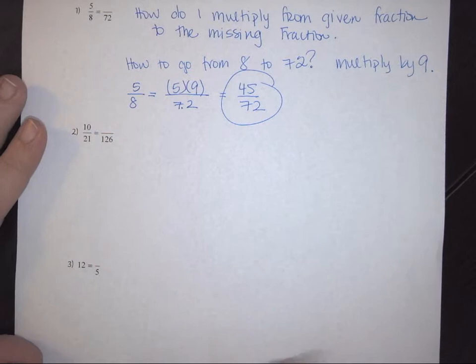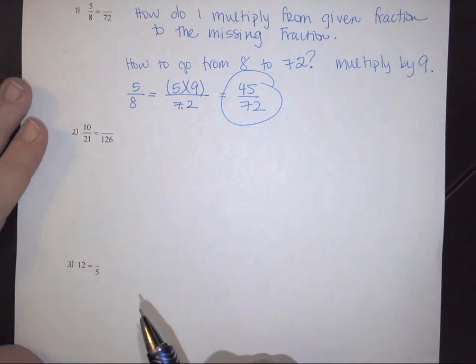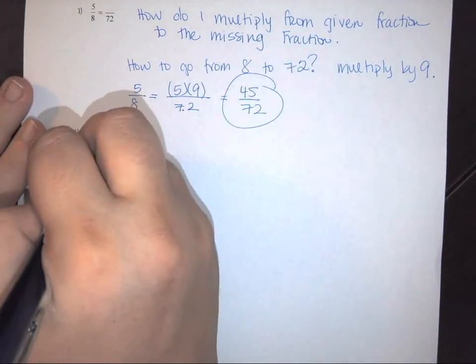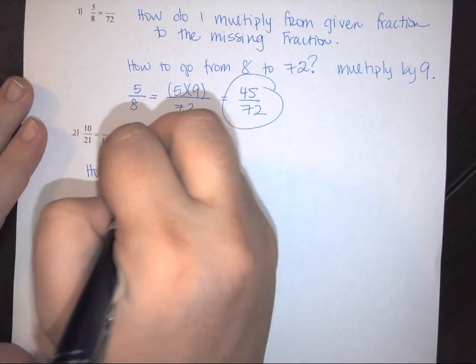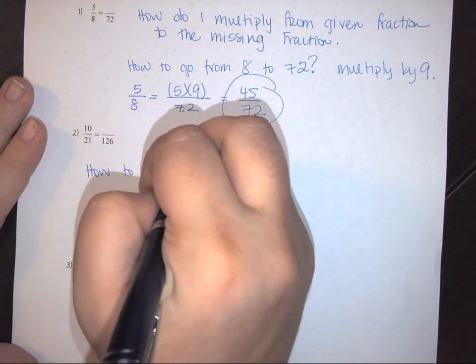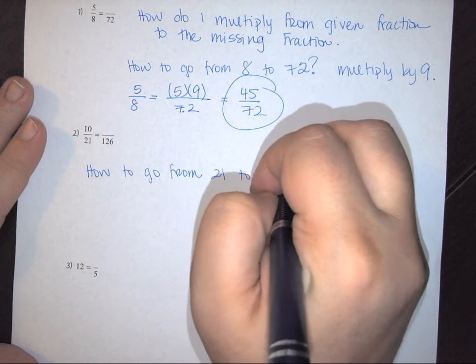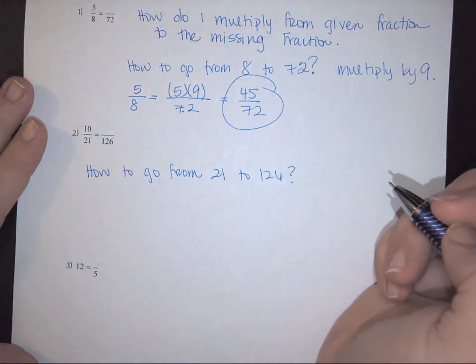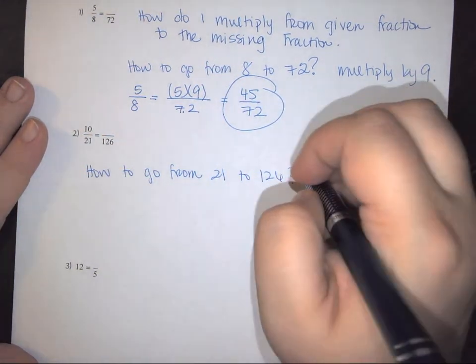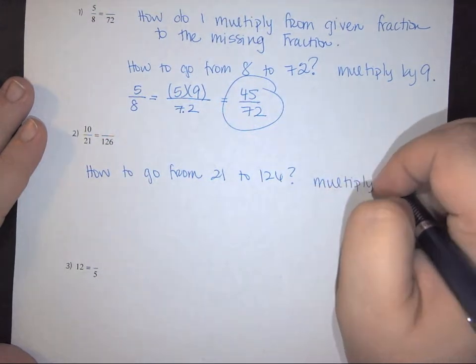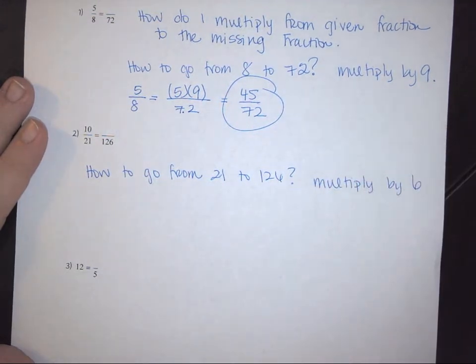So, I want to go from 21 to 126. So again, I want to know how to go from 21 to 126. Well, in this case, you need to multiply by 6.